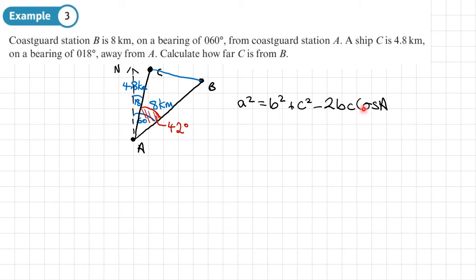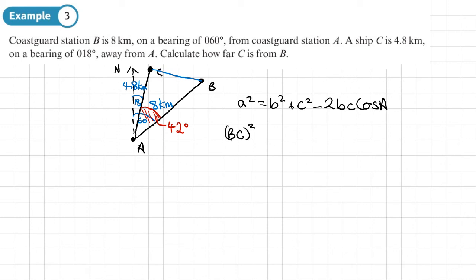So here's our cosine rule again. Don't worry too much about the lettering, but actually in this case the lettering does match up, because the angle A is the one that we have, and these ones we can call B and C. But don't worry too much about the lettering. Be more concerned about where the numbers go. So we're trying to find this side here, which in our diagram is labelled as side BC.